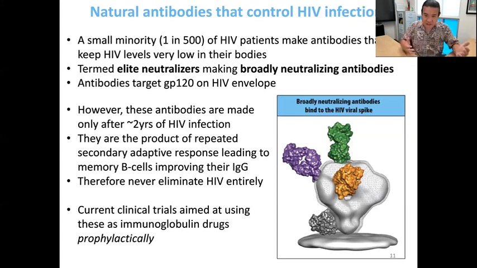So the person was already infected, and unfortunately it means they will remain infected for the rest of their lives, right? But at least the levels of virus particles in their bodies are kept very low. So this is the product of repeated secondary adaptive responses leading to memory B cells improving their immunoglobulin Gs, but it doesn't result in full elimination.